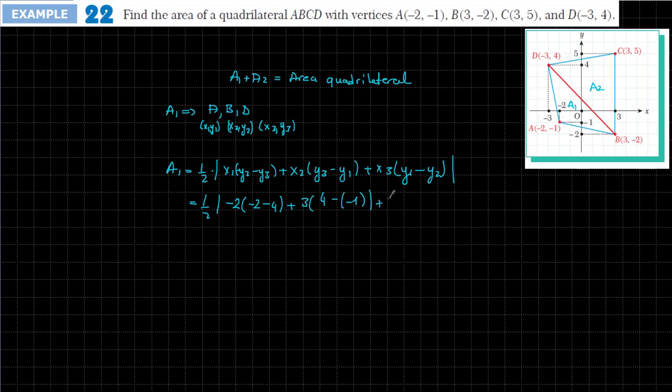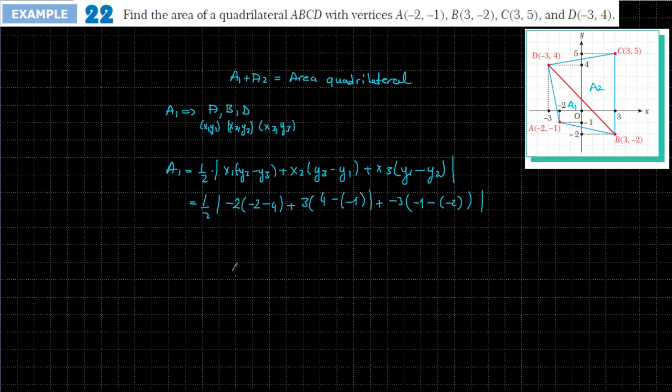Okay, then the last one is x3, which is equal to minus 3 here, times in parentheses y1 minus y2. y1 we named minus 1, minus y2, and y2 was minus 2.